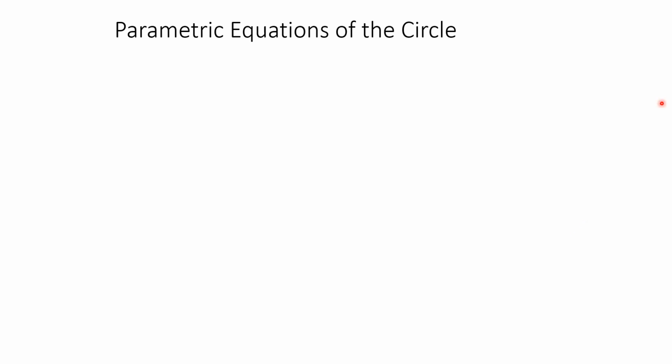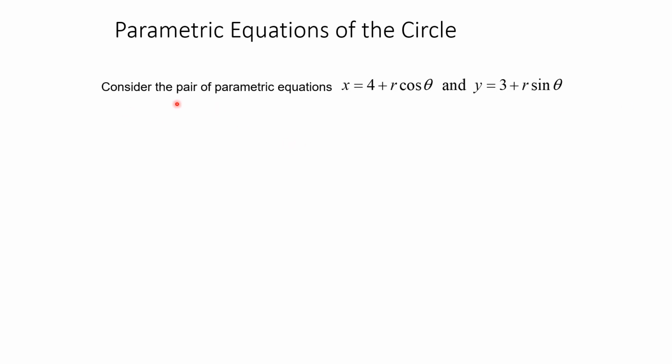Now we will look at another example of parametric equations, which are parametric equations involving a circle. So for this case, consider the pair of parametric equations as x equals this and y equals this. So recap, in order to get a circle equation, you need to have an equation which involves the center and also the radius.